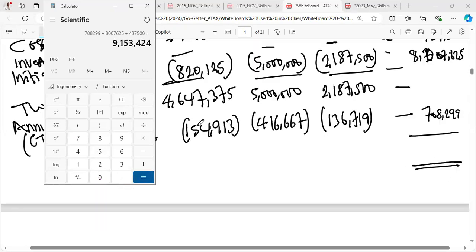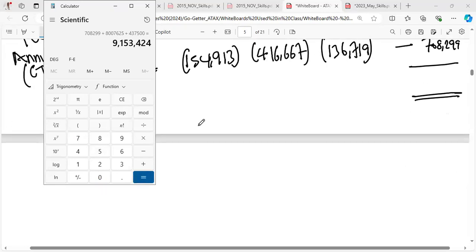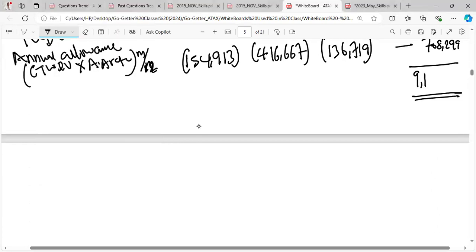And that will give me 9,153,424. So this is your total capital allowance.